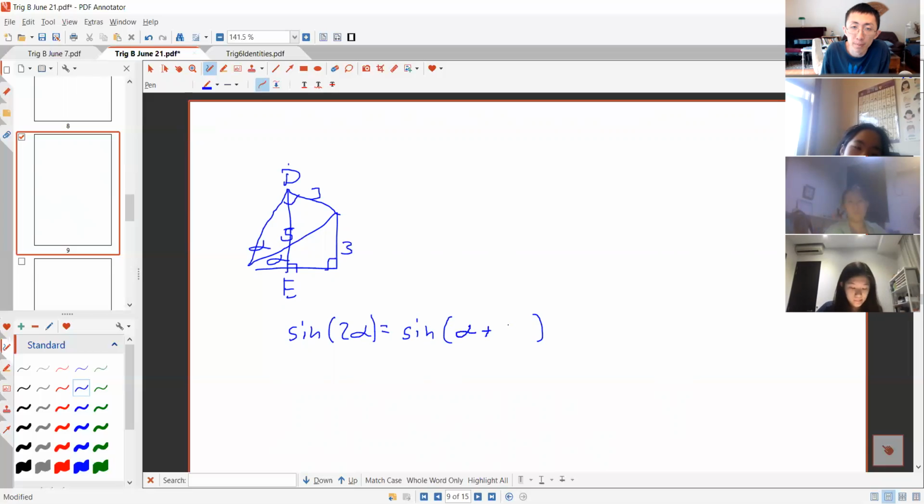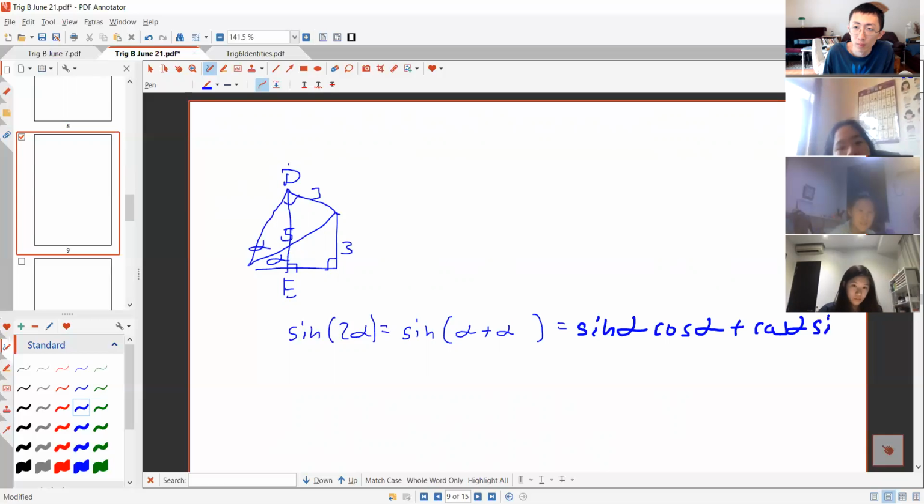So then what do I get if I use the addition formula? Sine alpha cosine alpha plus cosine alpha sine alpha, just 2 sine alpha cosine alpha.